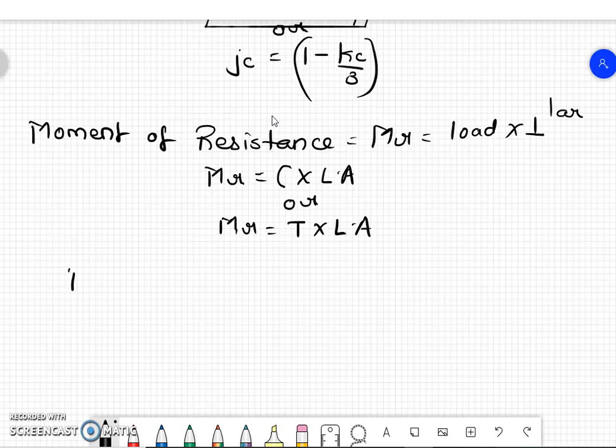Therefore, if I write the first equation, Mr is C into lever arm.